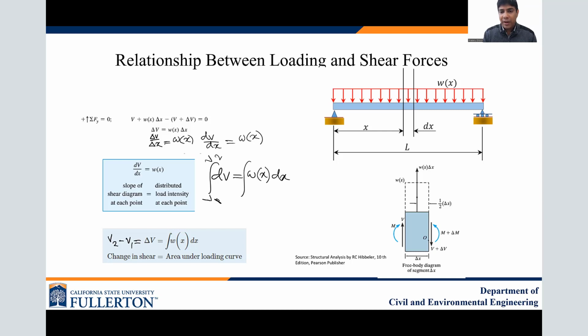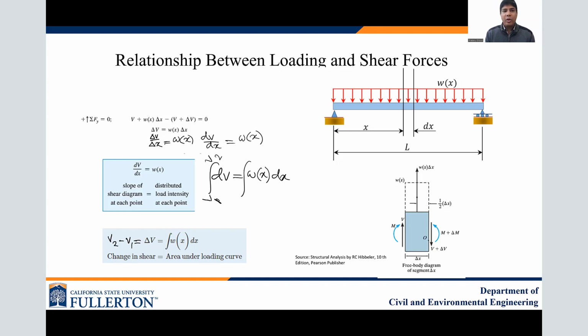Similarly, the moment from the left side is clockwise M, and on the other side M plus delta M. What else do we have? We have an equivalent concentrated load due to the rectangular distributed load, which is the area of the rectangle: W as a function of X multiplied by the length of the element, delta X, and it acts exactly in the middle of the rectangle, at delta X over 2.